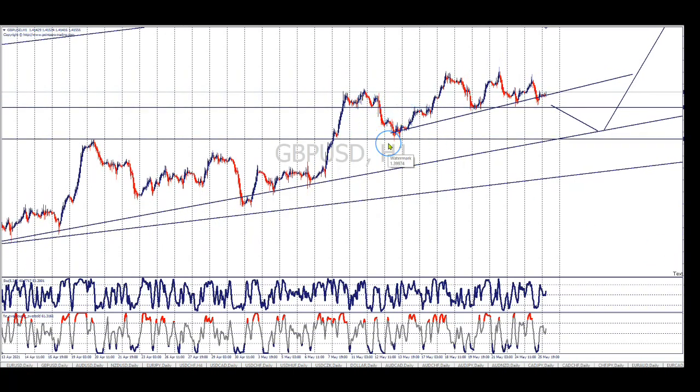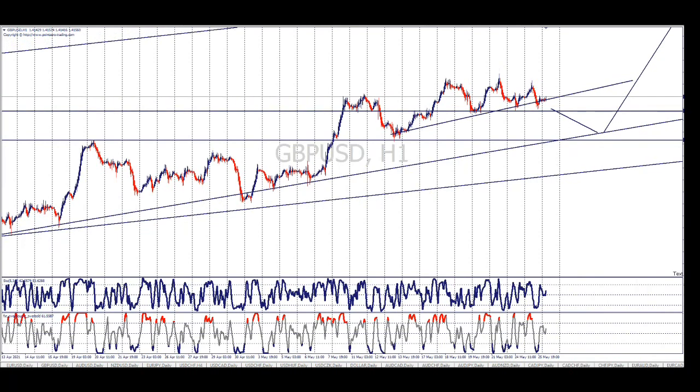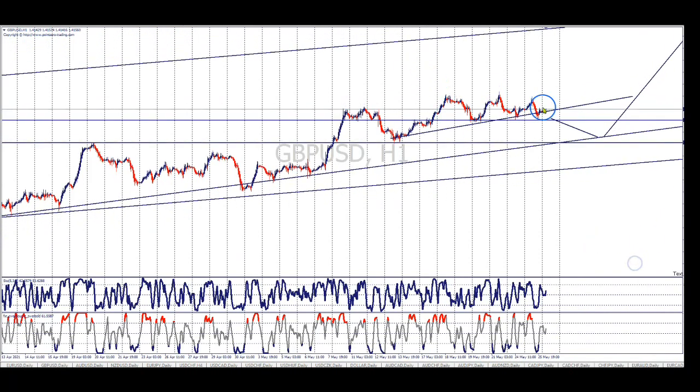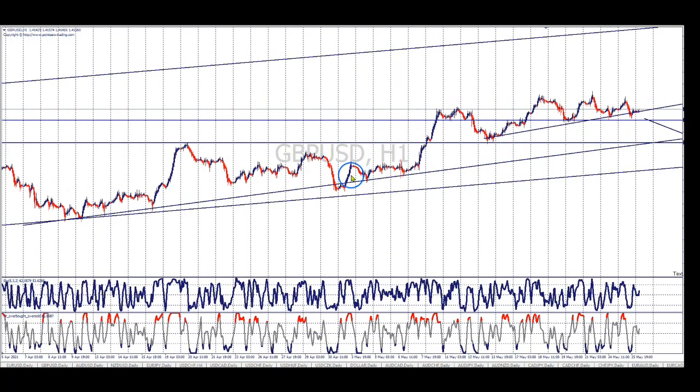I start on the monthly, the weekly, the daily, the 4 hour, even the 1 hour time frame to get an idea of which direction I would like to trade the market. Because I find it to be more advantageous, at least for me, I'm a more successful trader once I go in and look at my potential opportunities for the week, instead of just logging on and searching for trades. So that's my top-down approach.